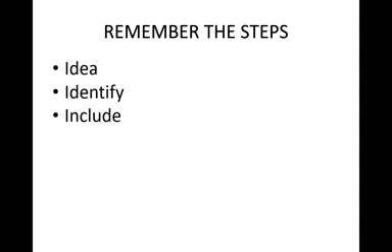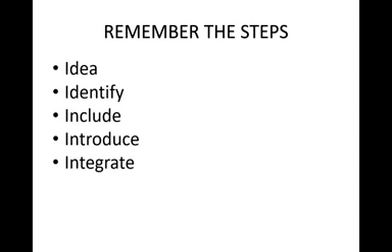So as you're working on any paper of literary analysis, remember these steps. What is the main idea your paper is going to discuss? Go back through your sources and identify the information that is going to inform and reinforce and support your main idea in your paper. Include that information in your paper. That's the extra step. You're going to introduce the information by giving contextual information.